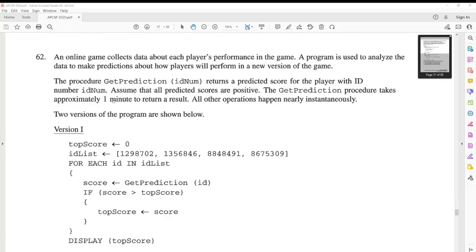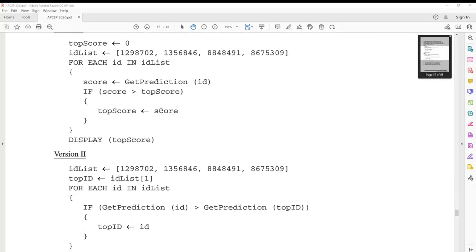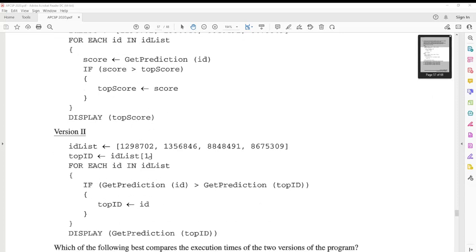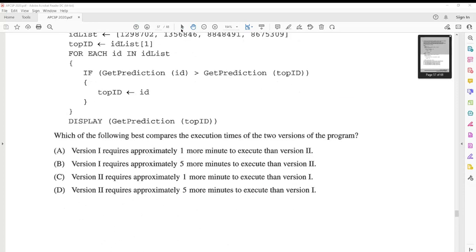Basically get prediction takes 1 minute, and other than that you have comparison and assignment. Eventually here you have 1 more get prediction, so totally you have 5 more get prediction times. So version 2 takes approximately 5 more minutes on average.